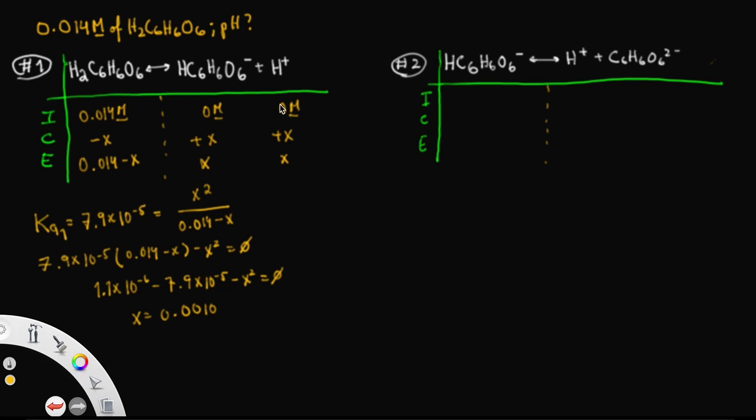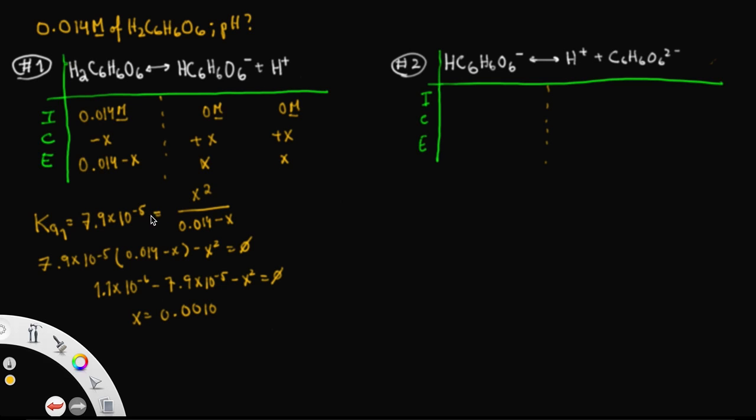Now, the change that will occur when this reaction takes place is that our ascorbic acid will be losing some of its concentration, and we'll be gaining some amount of product. So our equilibrium expressions are going to be 0.014 minus x, and x, and x. 0 plus x will yield x and x.